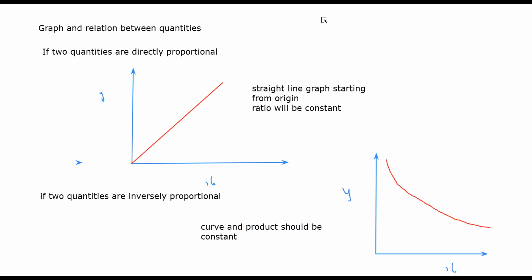But for example, if it is a straight line but it is not starting from the origin, we don't say it is proportional; we call that a linear relation. And if it is a curve but the product is not constant, we call that a non-linear relation. Linear means straight lines, non-linear means curved. So using a graph, how can we identify the relation between the two quantities, and how can we predict whether the graph will be a straight line or what the gradient will be?